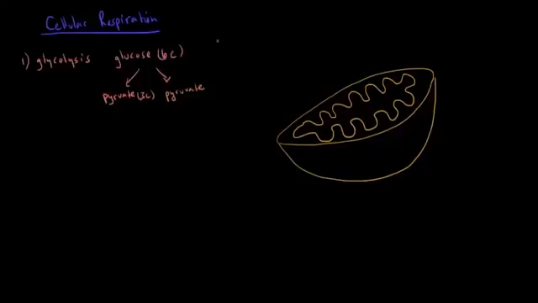Glycolysis actually does not happen in the mitochondria. It's the only step of cellular respiration that happens in the cytoplasm. The next step of cellular respiration is the PDC, or the pyruvate dehydrogenase complex.